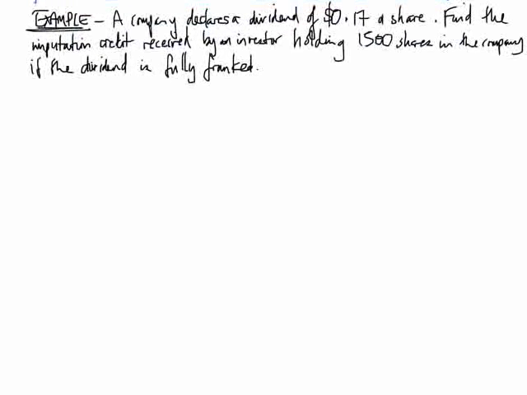Example: a company declares a dividend of 17 cents a share. Find the imputation credit received by an investor holding 1,500 shares in the company if the dividend is fully franked. So the imputation credit is dividend paid, which we still need to work out because we don't have it straight up.